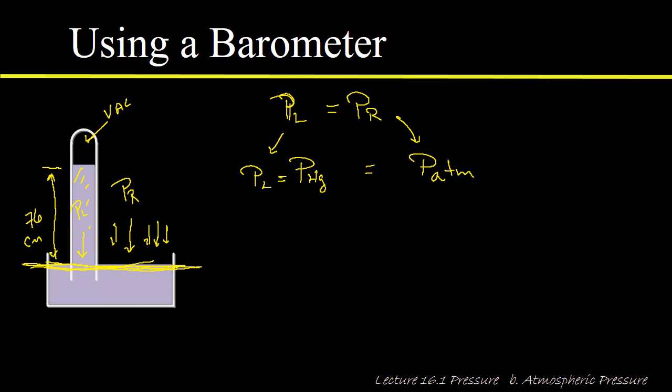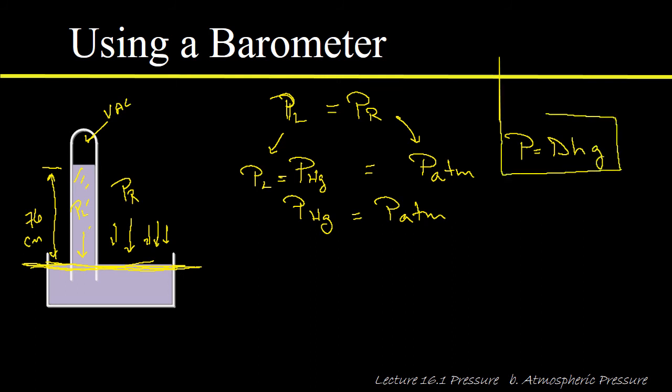And so what this tells us is the pressure of that mercury column on the left is equal to atmospheric pressure. We have this nice simple equation, pressure is density times height times g.